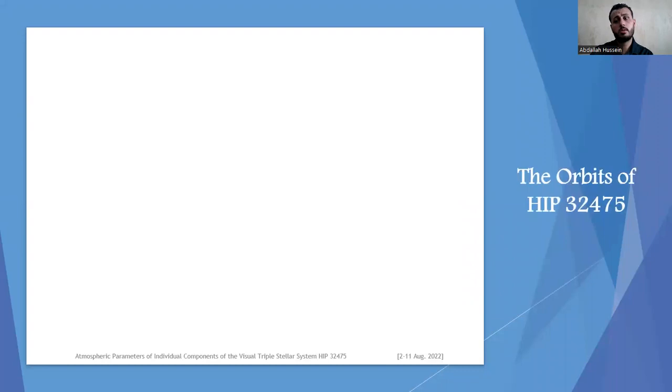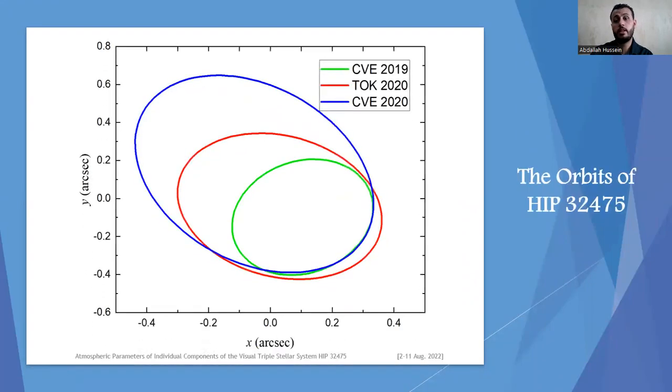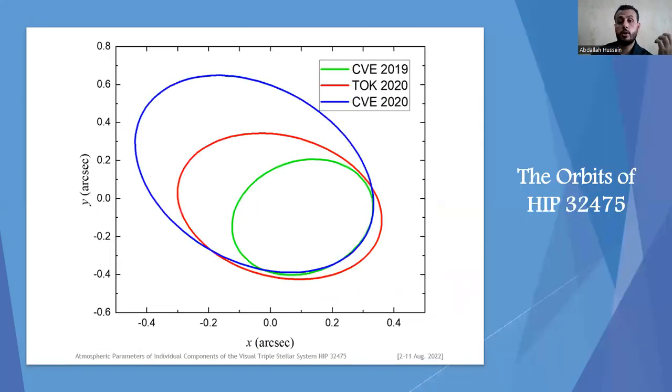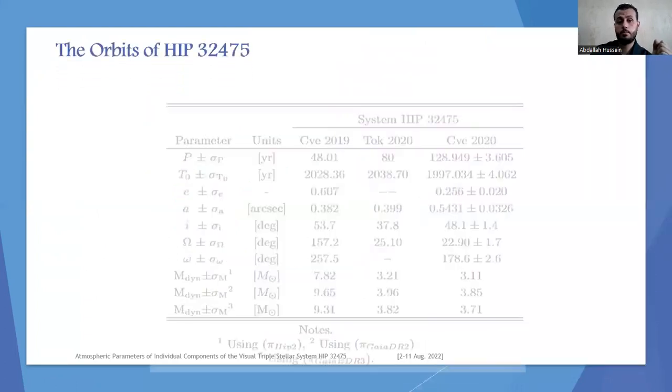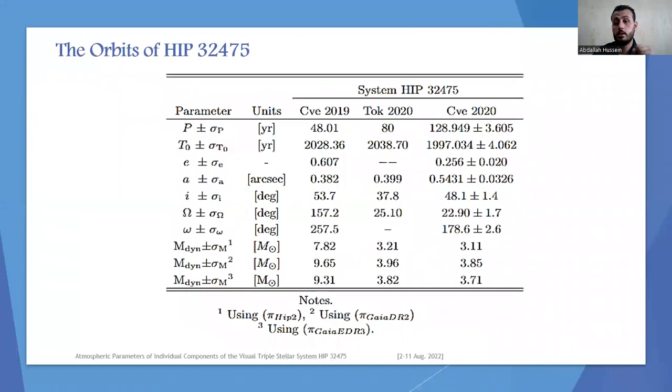The orbits of Hipparcos 32475 have 3 orbital solutions in 2 years. The first one is from Zorica Cvetkovic in 2019. In 2020, Cvetkovic published a new orbit and Tokovinin published an orbit in 2020, shown in the red line. We have a very large difference. These are the orbital parameters.